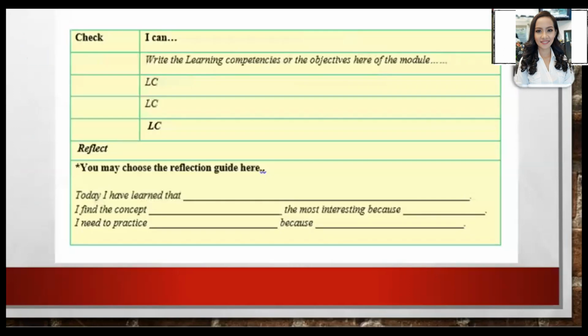So in the what I have learned part, you can just create a table at lagyan ninyo parang checklist siya. Today I can. Tapos lalagay nyo dito yung LC or the objectives that you have formulated on the first part of the module. So ika-copy paste nyo lang dito. Tapos i-check lang ni bata kung na-achieve niya ba yung mga objectives na yon.